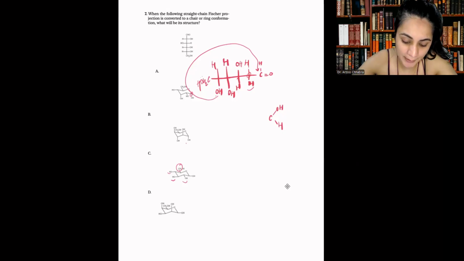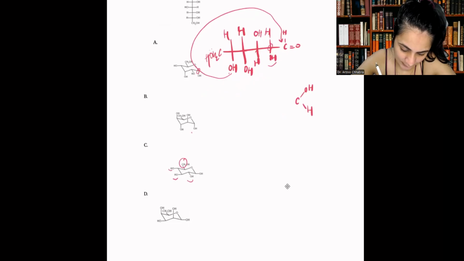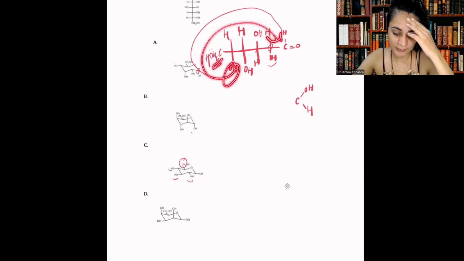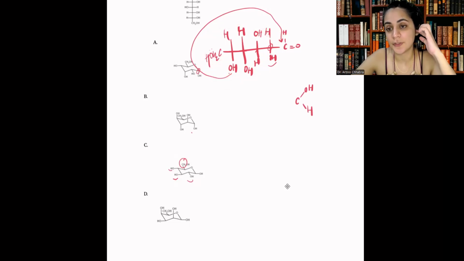So if you think about it, we really want the H pointing up, OH pointing down, OH pointing up, OH pointing up, H pointing down, H pointing up, OH pointing down. Then the next is CH2OH and the oxygen forming the cyclic structure. So this is how the ring is formed.